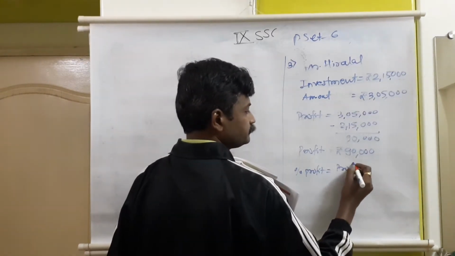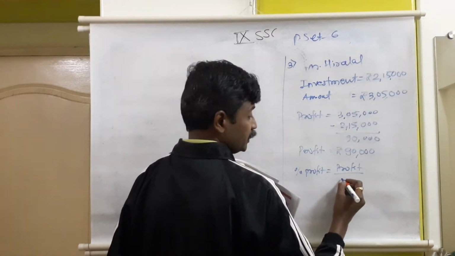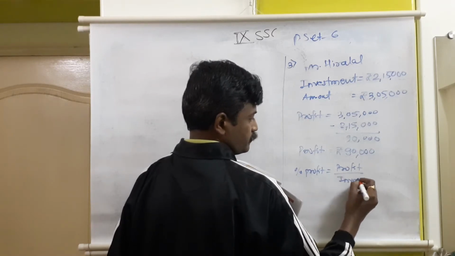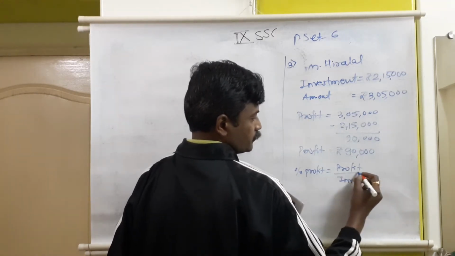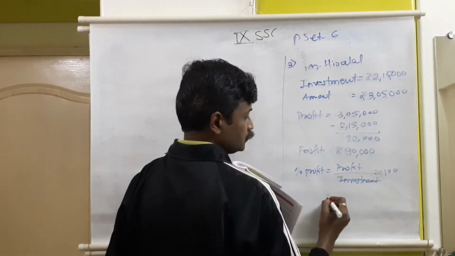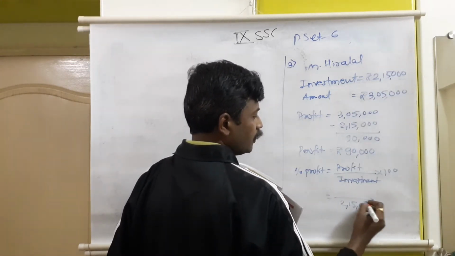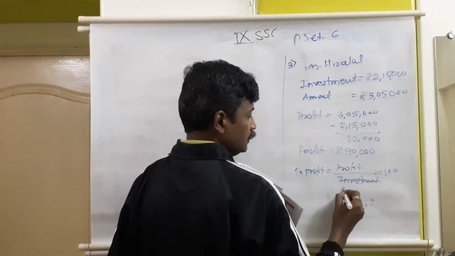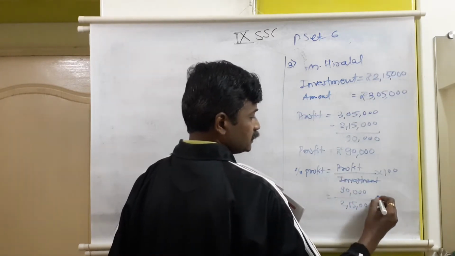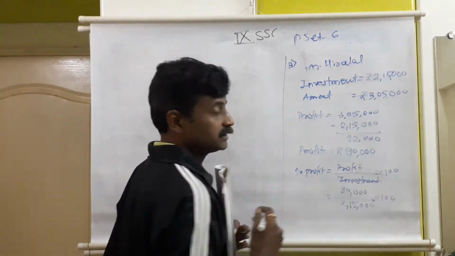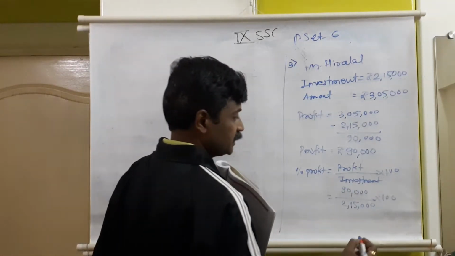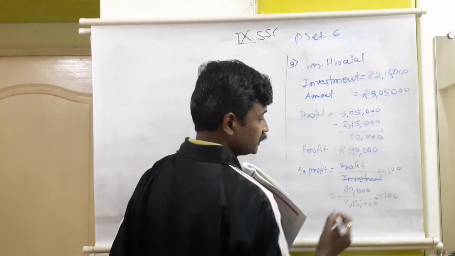Profit upon amount invested into 100. The investment amount is 2,15,000. On 2,15,000, Hiralal's profit is 90,000. Then on 100 rupees, how much? It will give us the percentage profit. 3 zeros are cancelled.